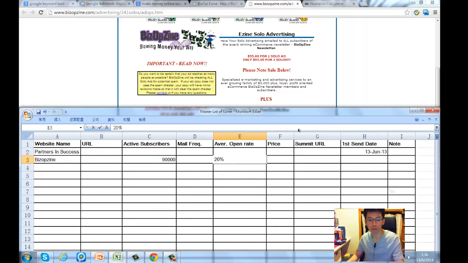Okay, so if some eZines tell you that they have 35-50% open rate, don't trust them. They're just trying to scam your money. And $55 here.